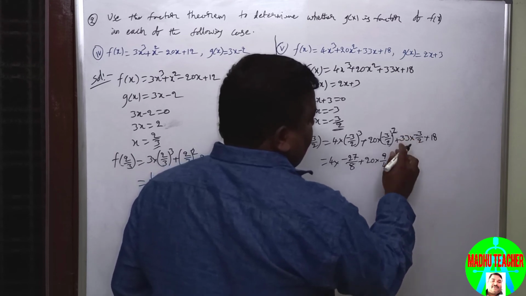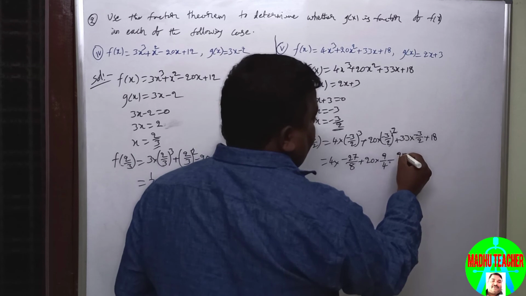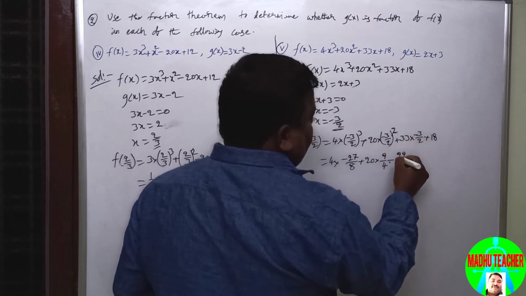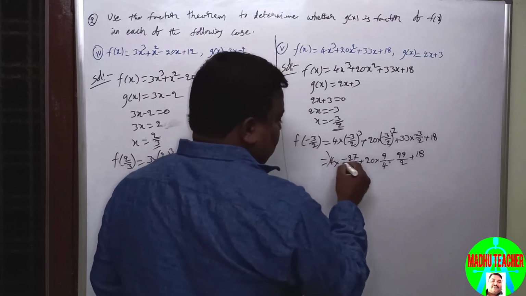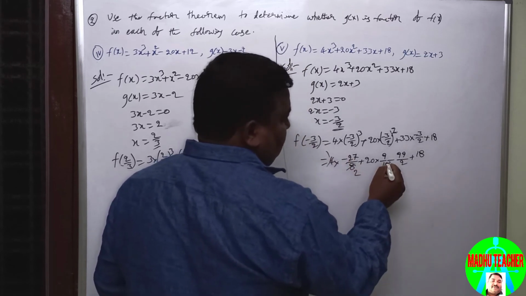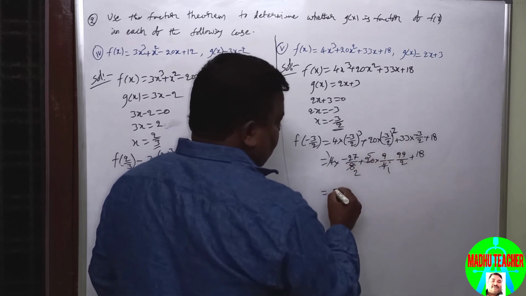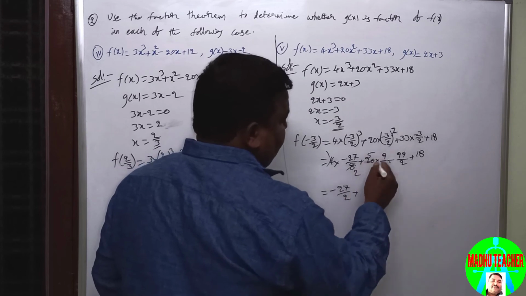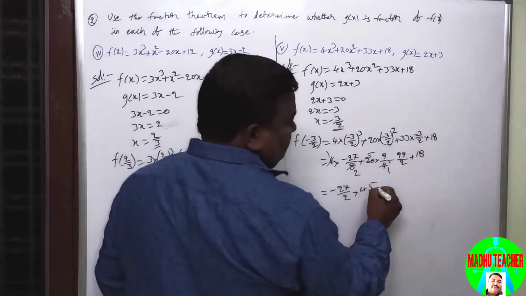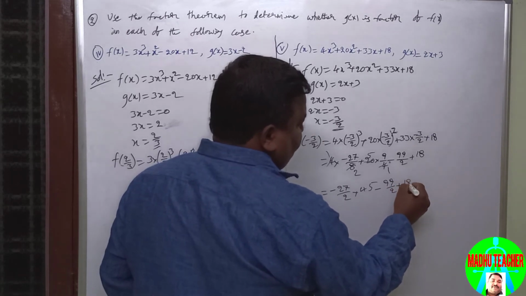Plus, here plus into minus is minus, 33 into 3 is 99, by 2 plus 18. 4 ones are 4, 4 2s are 8. 4 5s are 20. That equals minus 27 by 2 plus 5 9s are 45 minus 99 by 2 plus 18.